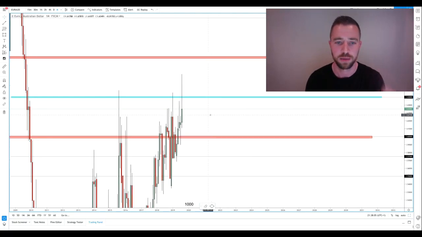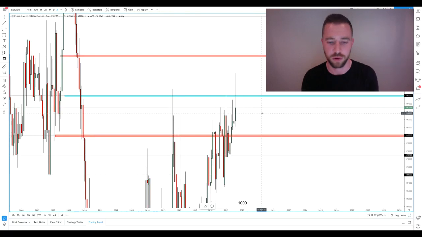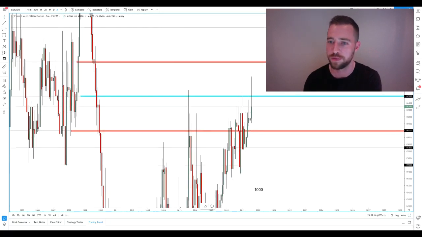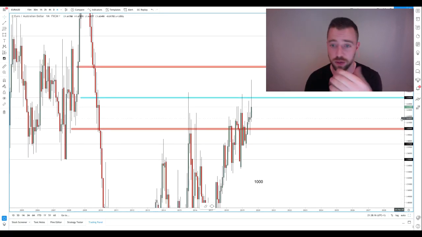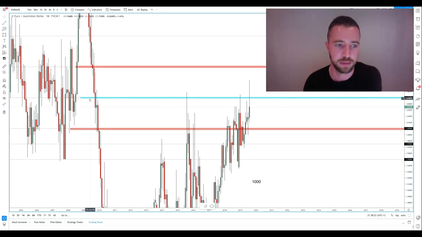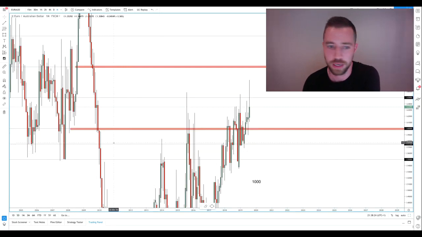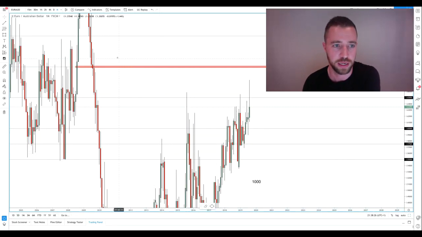Some of you have also asked me about some pairs where I've got extra support and resistance. Some pairs work to 500 pips, some pairs work to 1,000, but then there are some pairs that you can also divide up again and split in between, say, 250, because pairs work in stages, they work in sort of steps.